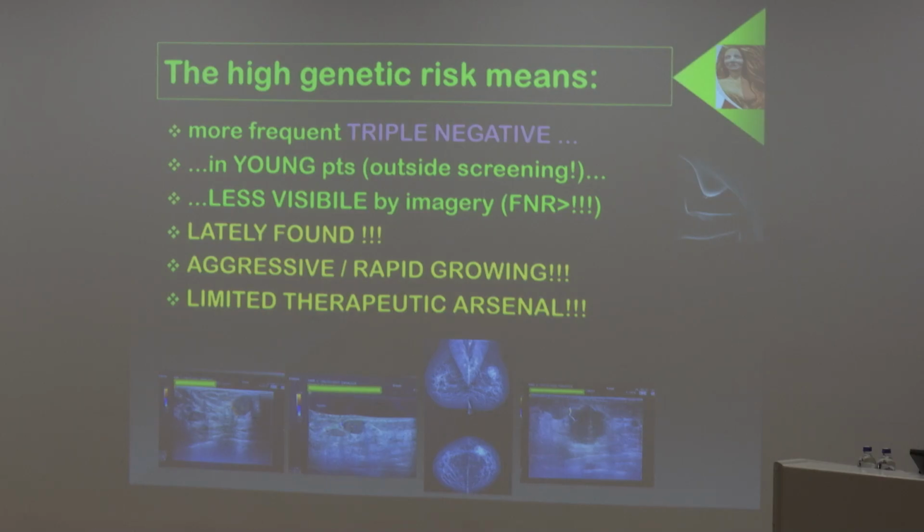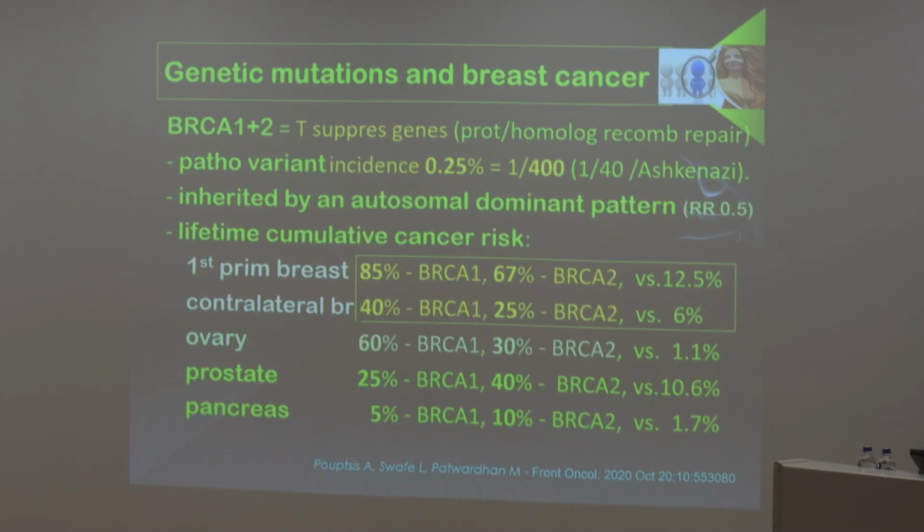Also, these cases are found late, so they are more aggressive because they are rapidly growing, and we are limited by our therapeutic armamentarium. The genetic mutations are important because they carry a lifetime cumulative cancer risk of up to 85% for BRCA1, for example, for the first primary, but also we can have a second or contralateral breast cancer, and you see the figures.